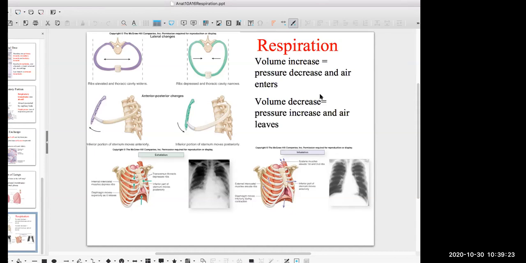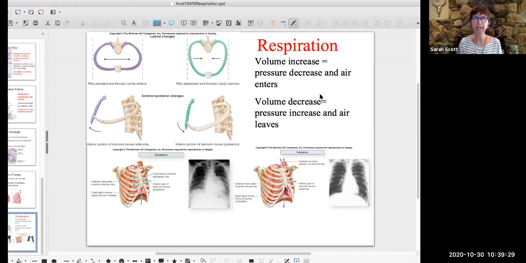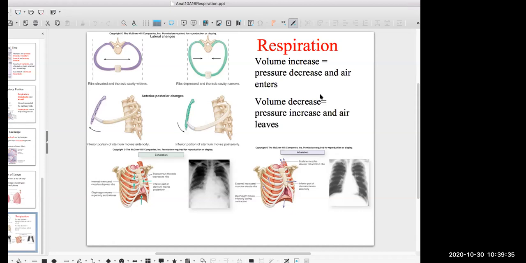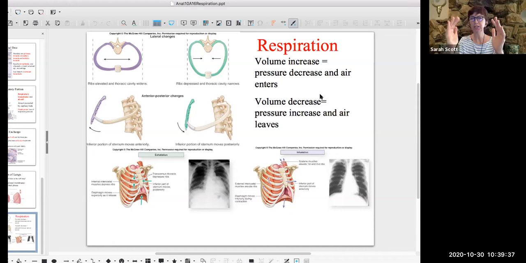And by pressure, do you mean like the pressure it takes to take a deep breath? No, I mean the pressure created by the atoms that occupy that space. If you imagine we have a volume here and it's filled with atoms, and I suddenly increase the volume, I don't add any atoms to it, I just make a larger space.